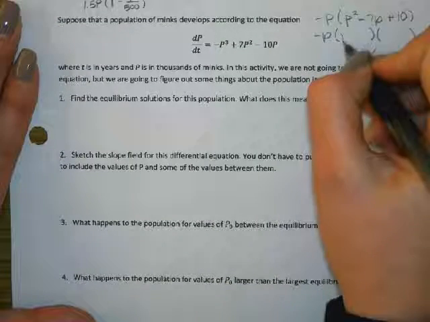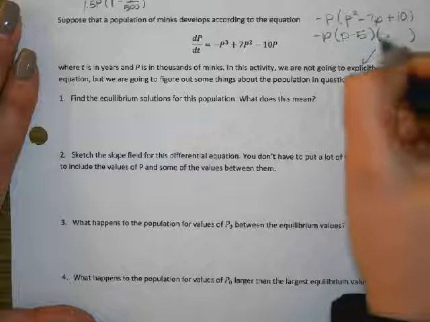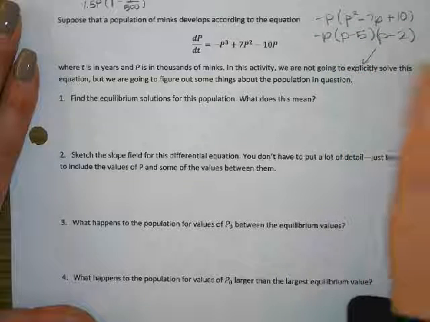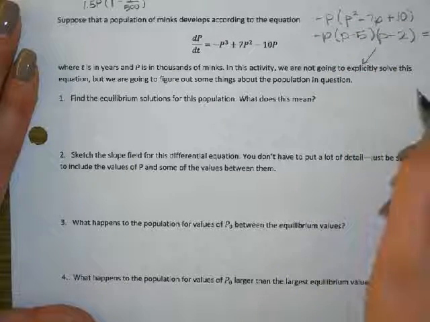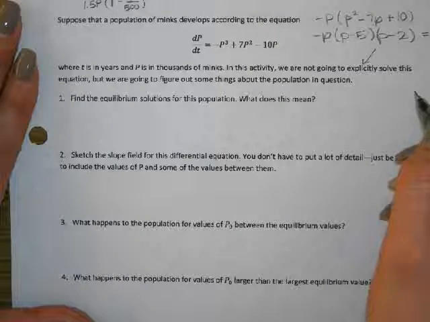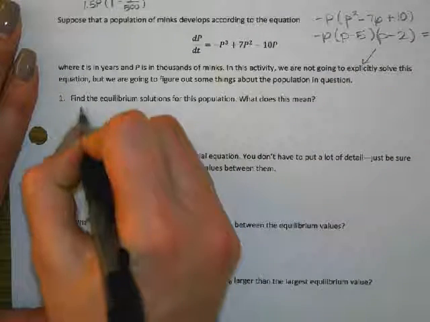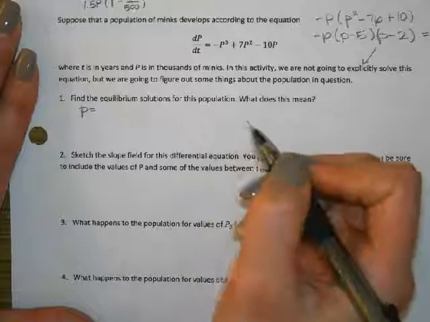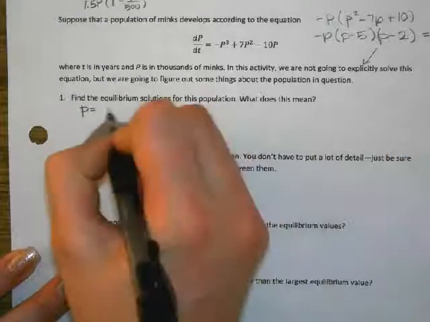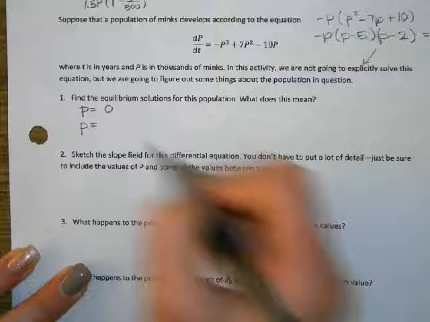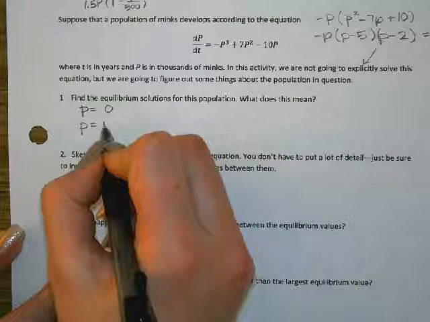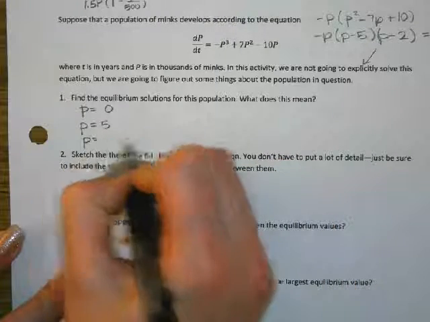So P minus 5 and P minus 2. So we have 3 equilibrium solutions. We have P equals 0. We have P equals 5 and P equals 2.